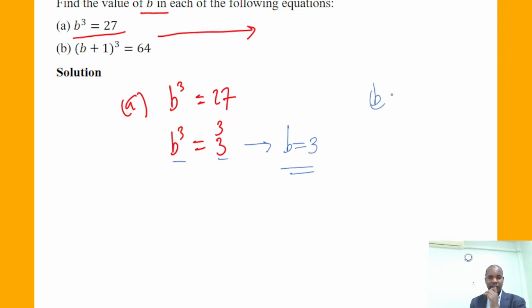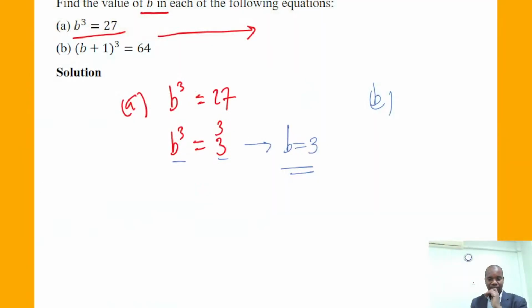And what about B part? Jumping to B part, you have b plus 1 to the power 3.